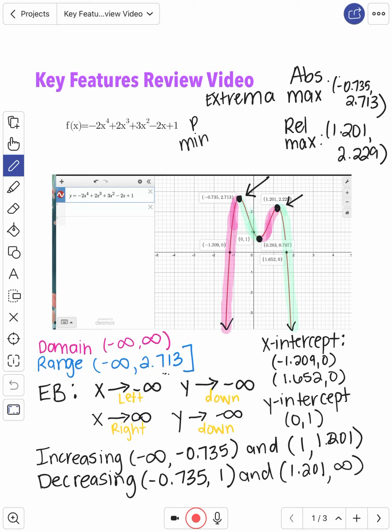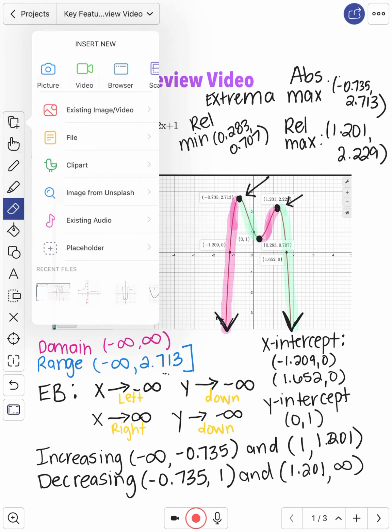Now, that minimum is a relative minimum, and it's relative because it's a valley, but it's not the lowest point of the whole graph. If I continue to go to infinity, it can't be the lowest point because my graph's going to keep going down. And that point is going to be at 0.283 and 0.707. So I have three extrema points.